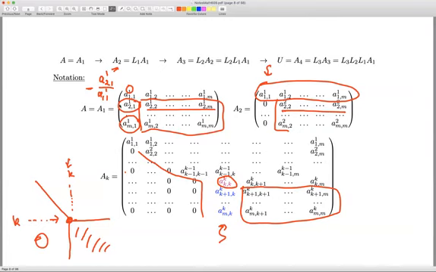This way we make the term A21 to be 0. Then we look at the first row, and we want to make the first element on row 3, A31, zero. We multiply the first row not by this number, but by the number minus A31 divided by A11.